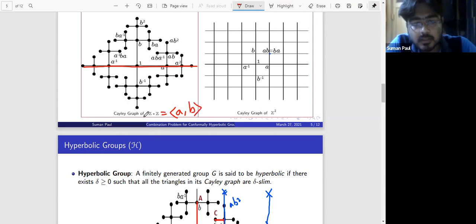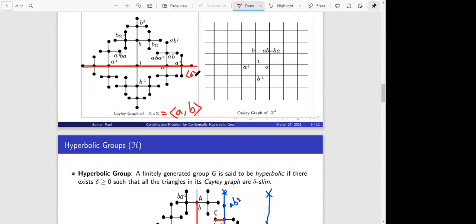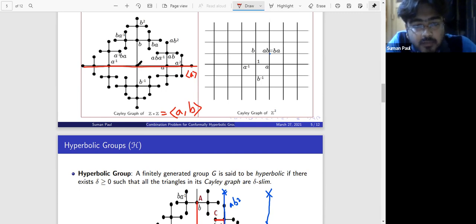This is basically generated by A and B. This is the subgroup generated by A. From each of its points you have an edge, and then again the Cayley graph of this A with some translation.